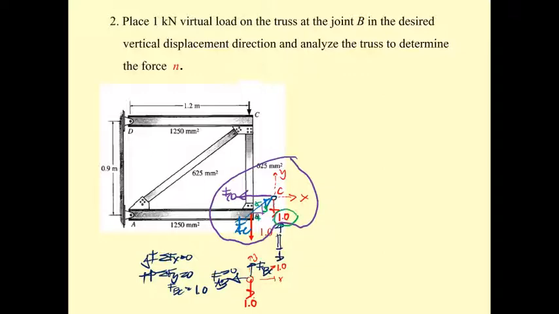So now we will have this one as minus 37.5 divided by 22.5, and we have this one for 1.0, in tension. This is plus, and we have this one for plus 30 divided by 22.5. That helps.